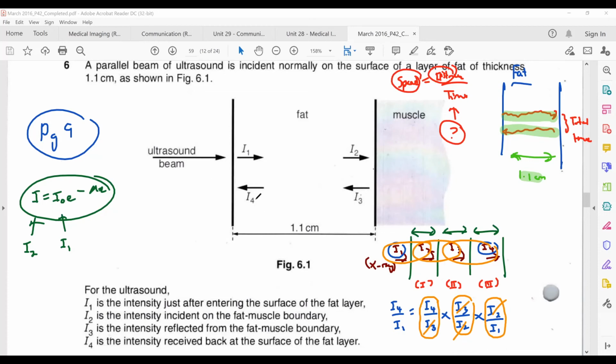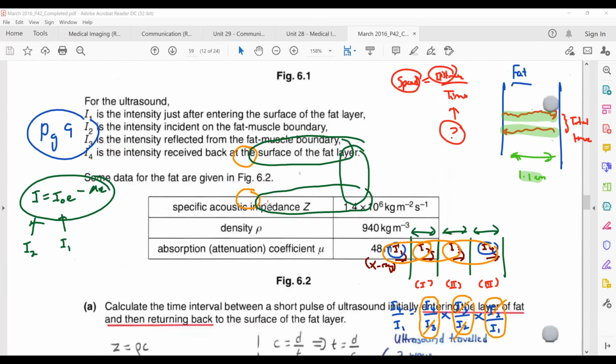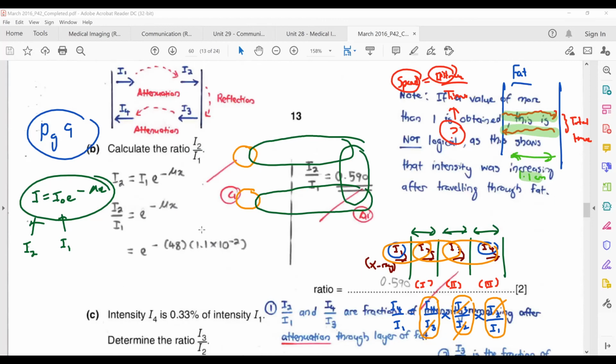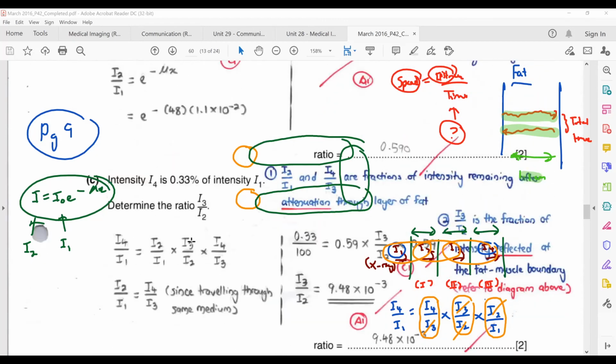The same could also be said for this one here. If they give me the intensity ratio I4 to I1, this one being my final, this one being my initial, I know that I4 to I1 will be the same as the ratio of I4 to I3, I3 to I2, I2 to I1. Because if you do that, eventually they will all cancel each other off.